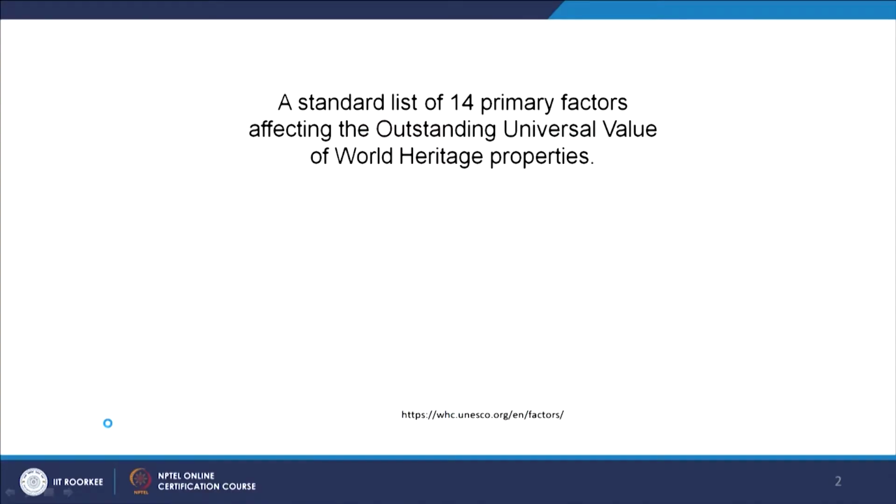Through a 2-year consultation process, they have identified about 14 prime factors affecting the outstanding universal value of World Heritage properties. I'm giving the link also, whc.unesco.org.